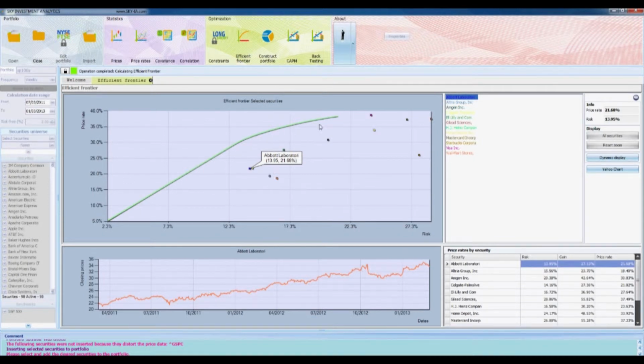This frontier shows us 100 optimal portfolios at different price levels, and the curve is actually the supremum of all possible portfolios with these 100 securities.